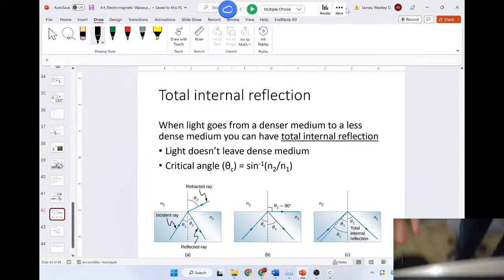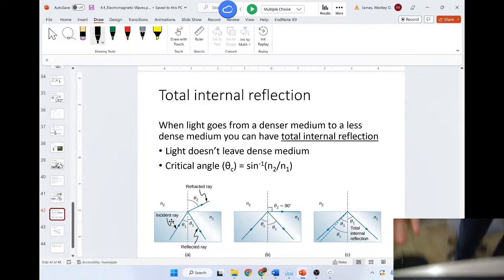You all can experience this for yourself if you're swimming in a pool and the water surface on top is pretty clear. If you look up at the surface, pretty smooth, there will be an angle at which you could no longer see the sky, and you're seeing a reflection of the bottom of the pool. There's an angle at which you look, if you're going from a dense medium to a less dense medium. At some point you all can see what's going on here.